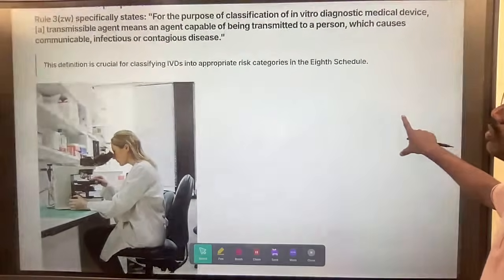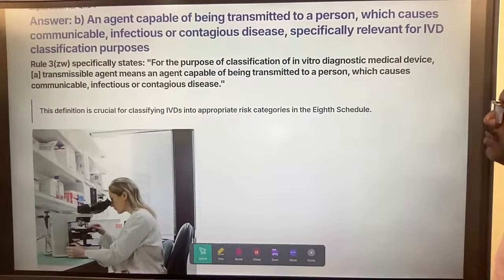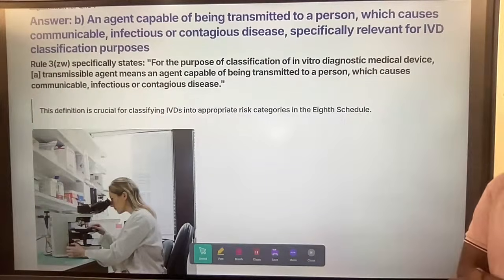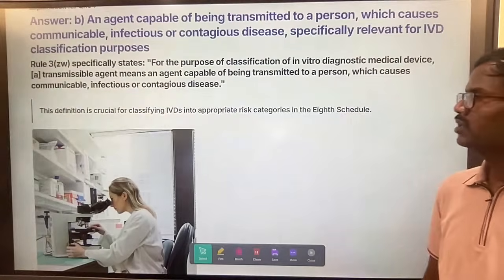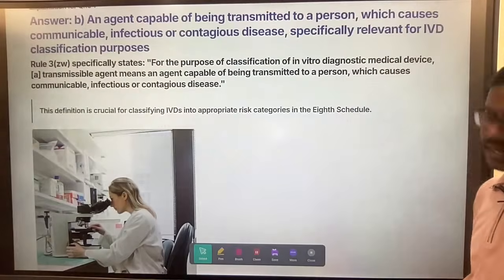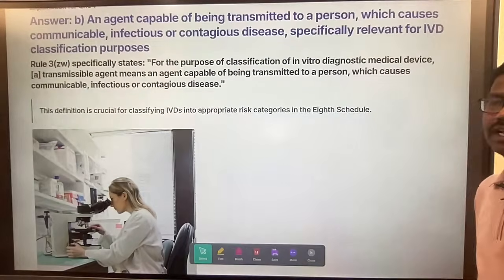So, according to Rule 3, for the purpose of classification of in vitro diagnostic medical devices, transmissible agent means an agent capable of being transmitted to a person which causes communicable diseases or infectious disease or contagious disease. Okay, so this is called transmissible agent.